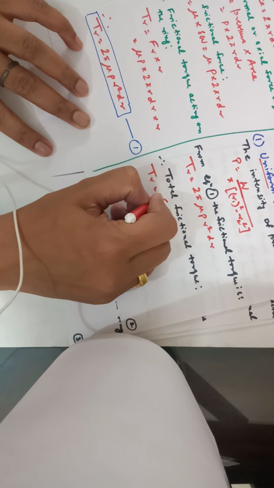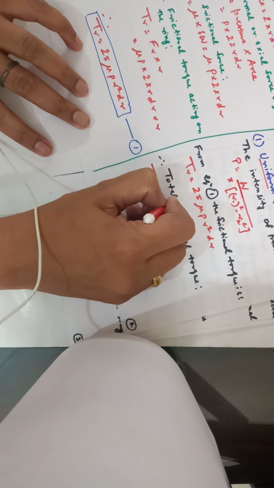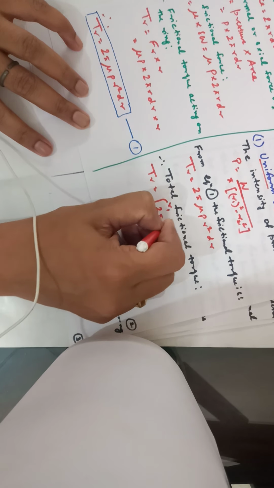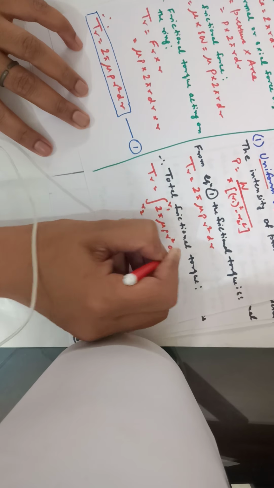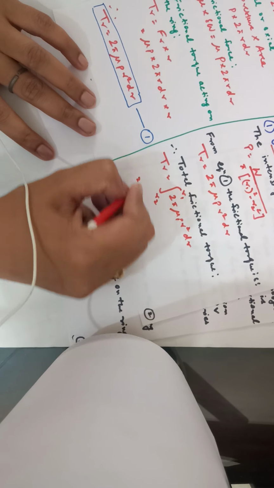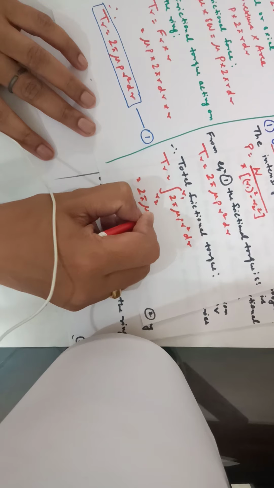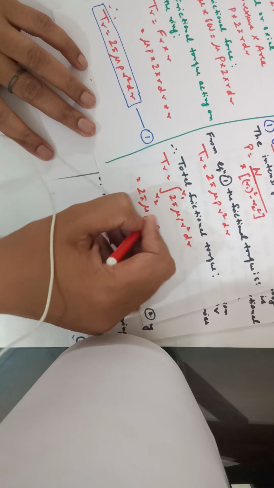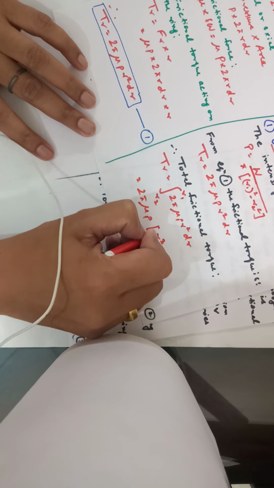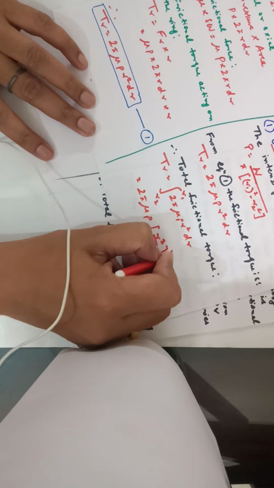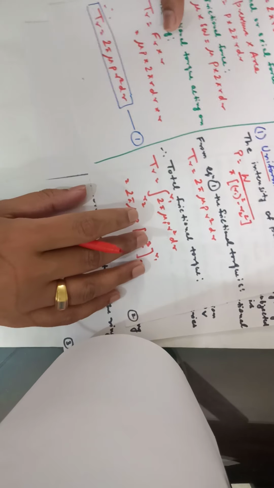So we will get the integral from R2 to R1 of 2 pi mu p r square dr. When we integrate it, taking constants outside, we will get r cube divided by 3, from R2 to R1.